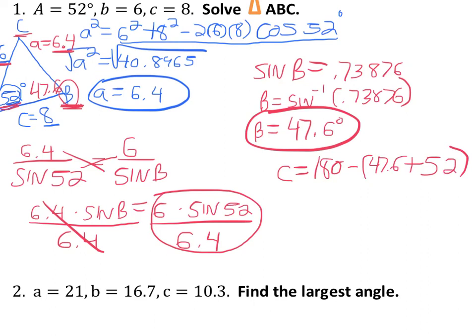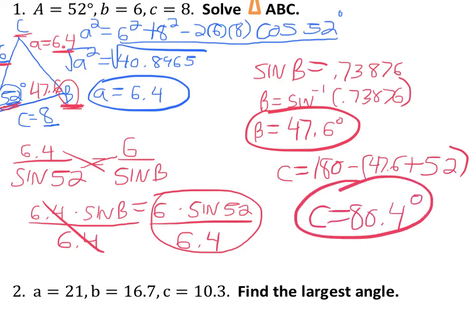So 180 minus 47.6 and minus 52, we wind up getting angle C equal to 80.4 degrees. The main thing to get out of this: if you have to use the law of cosines, just use it once, and then you can use the law of sines, and then use the fact that all three angles have to add up to 180 degrees.